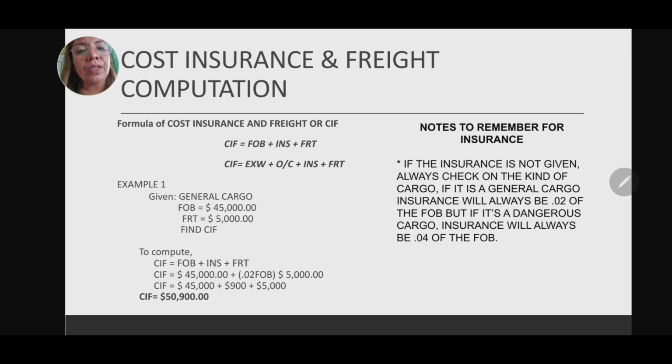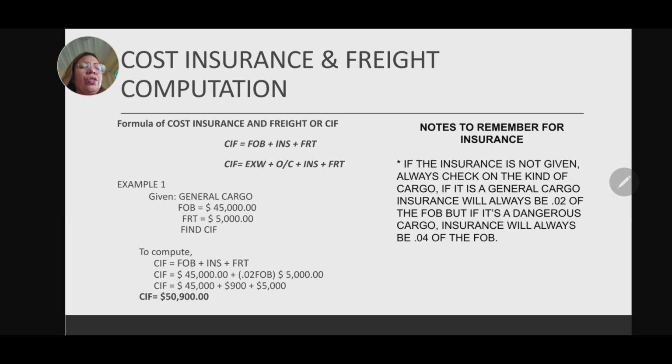So your CIF is your FOB of $45,000 plus the insurance, which, since it's a general cargo, we're going to use 0.02 of the FOB, plus $5,000, which is the freight. The first thing we need to do is compute your insurance. You multiply your FOB by 0.02 to get your insurance, and the insurance value in this problem is $900 US dollars.